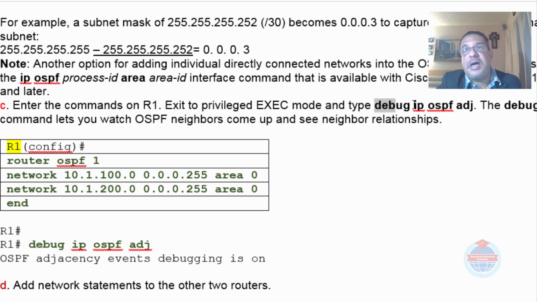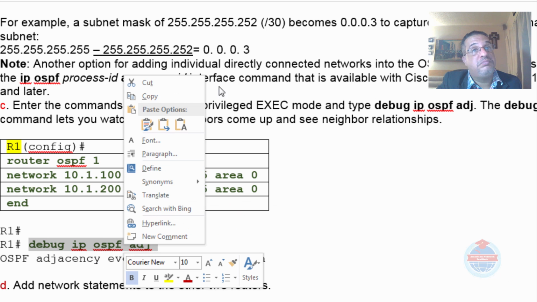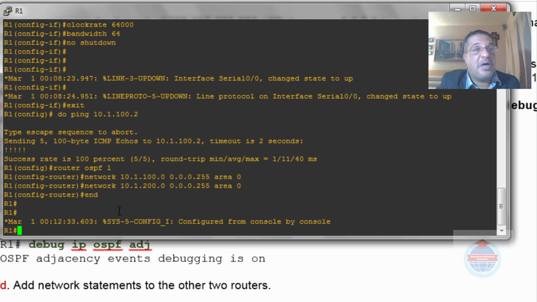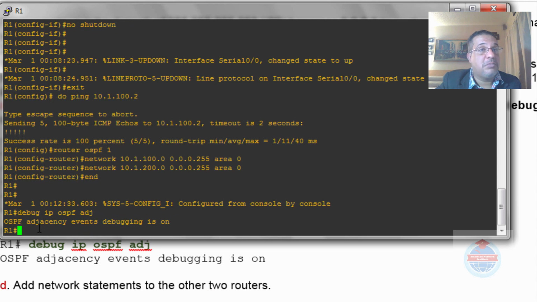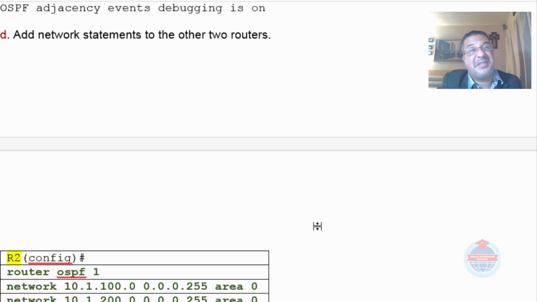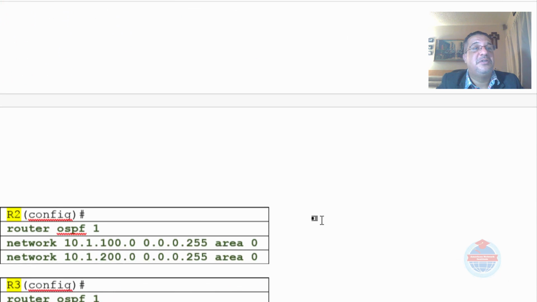We're going to debug OSPF adjacencies, as you could see over here. So we're going to start the debugging process on, and it's going to start checking the adjacencies that it can have. Let's go back to R1. It's on, as you could see. Adjacency means like the neighbor that you have.